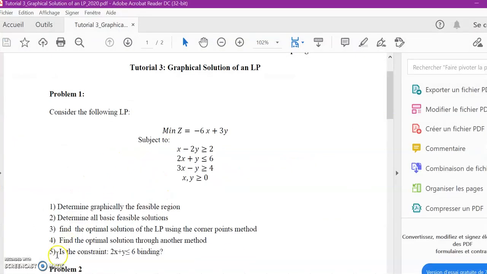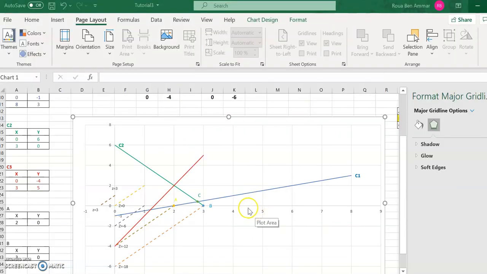Now to the last question in our problem, which is: is this constraint binding? The binding constraint is one that is very crucial to forming the optimal solution. This means that if a binding constraint is removed, the optimal solution may not be feasible anymore.